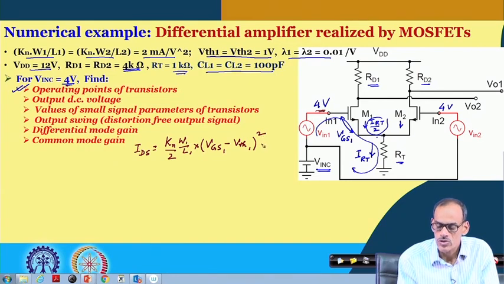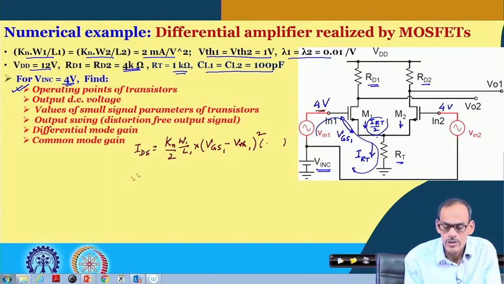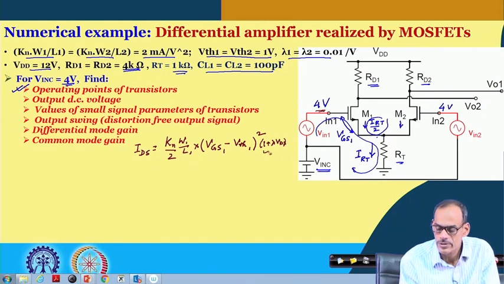So, we are ignoring this 1 plus lambda VDS part; we consider 1 plus lambda VDS approximately equal to 1.